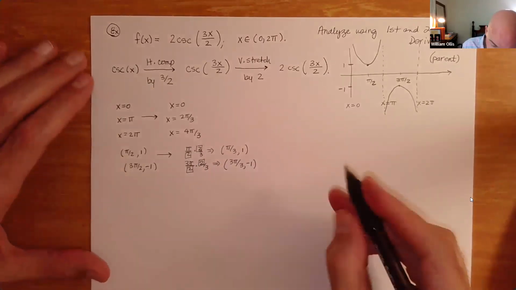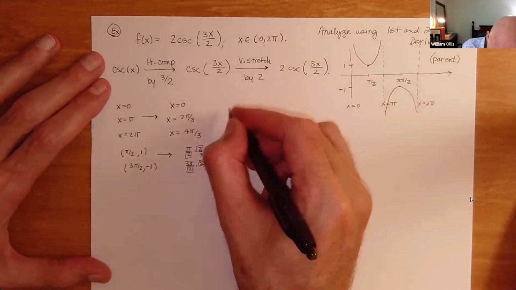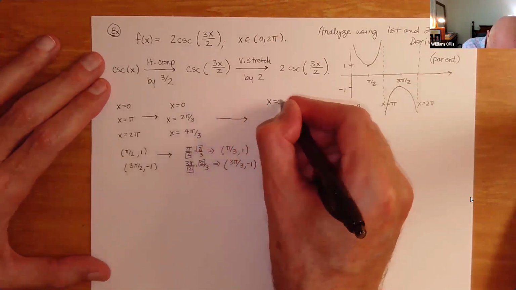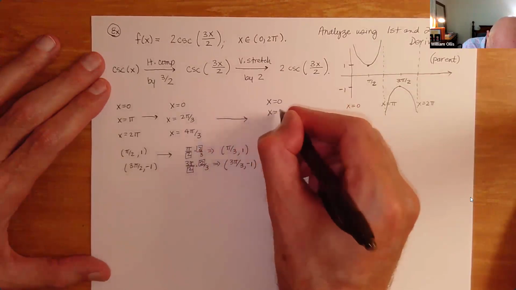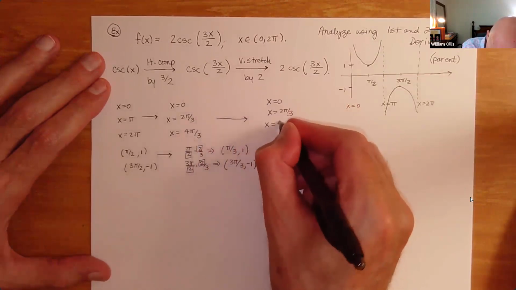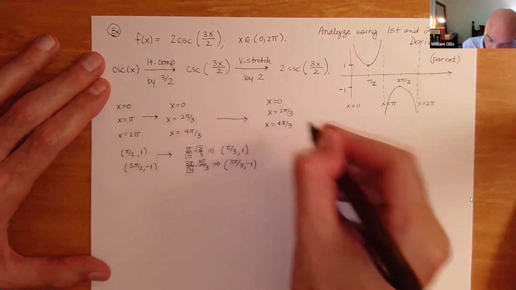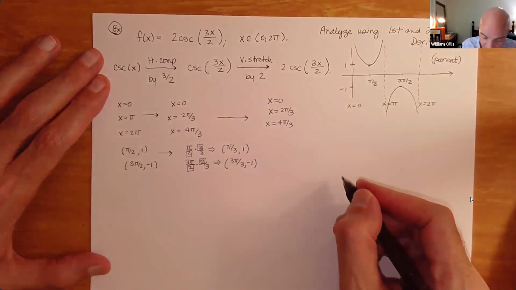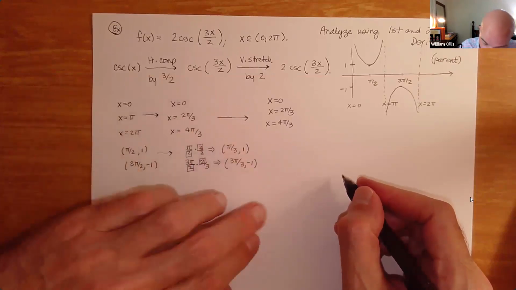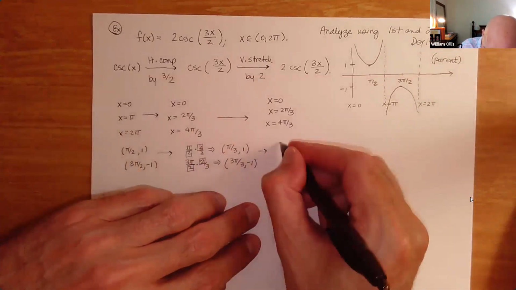Now, when we look at this, the next thing is to do the V stretch. Of course, the asymptotes don't change with the V stretch, so we'll just write these down. So that's where we have the infinite discontinuities when we were talking about infinite limits. And then, of course, with the V stretch, the y coordinates get multiplied by 2. So we get what?